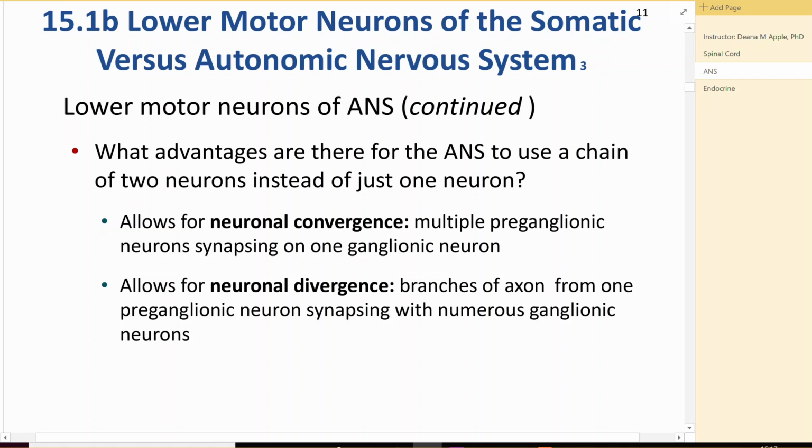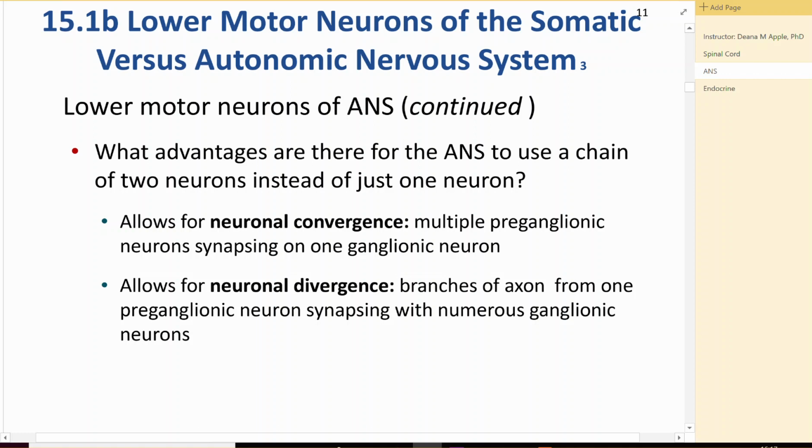So there's primary neurons in the 2-neuron chain. We can have multiple primary neurons in the 2-neuron chain coming into the same ganglion before we send a signal to the effector tissue. Faster response, broader response. So we can take in more sensory information. We better understand what our response should be, how we should respond in that tissue, right?